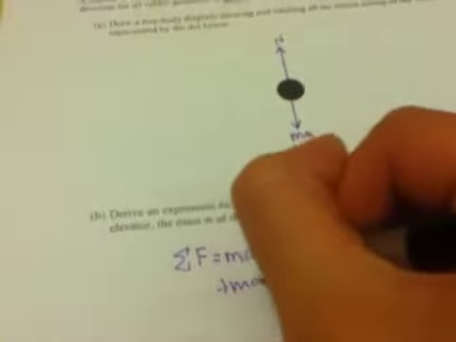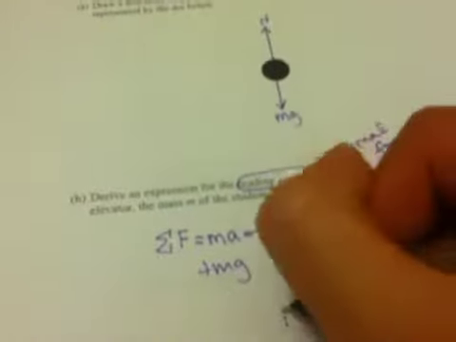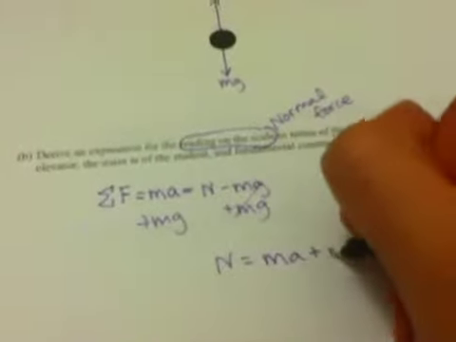We're solving for normal, so let's add mg to both sides. We end up with normal equals ma plus mg. To make this look a little prettier, we can take the m out and say normal equals m(a plus g). And that is how you do part B.